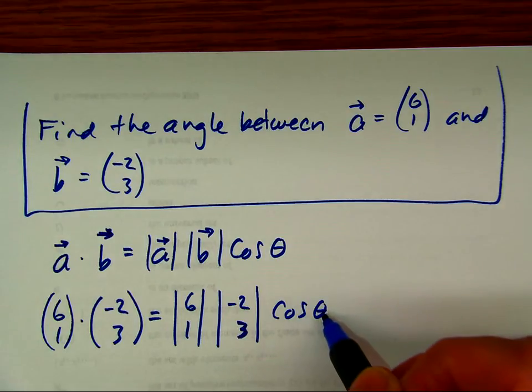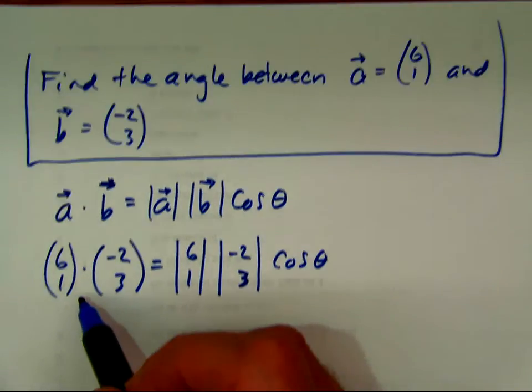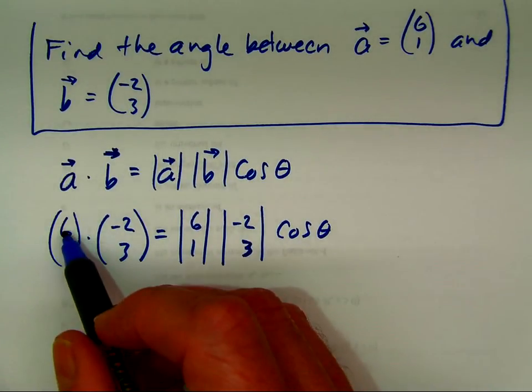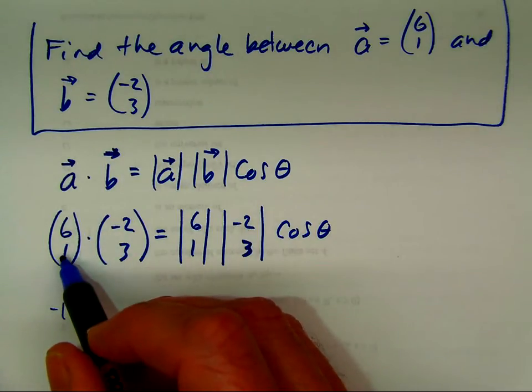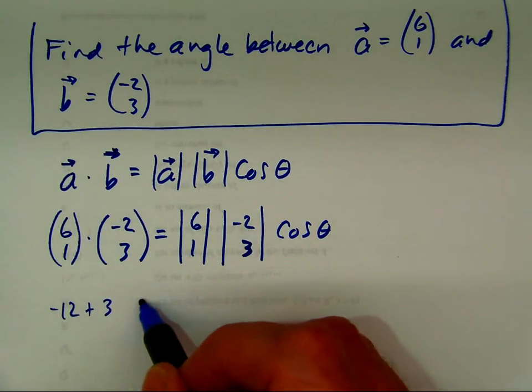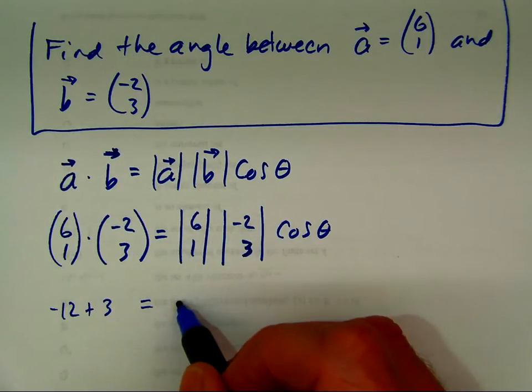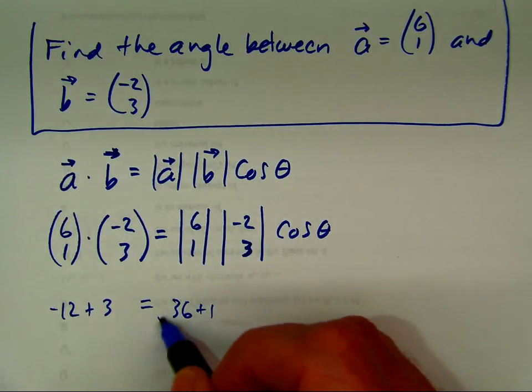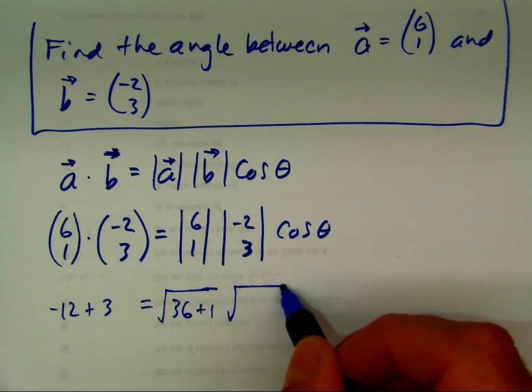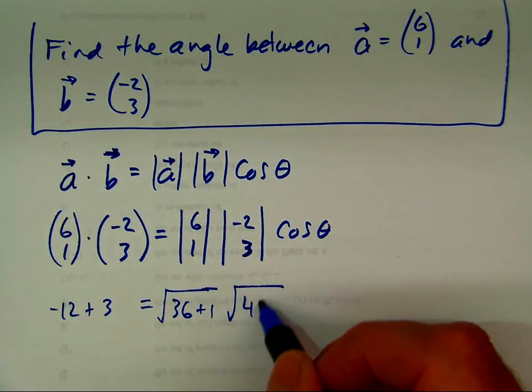Then we have to solve for theta. So we know how to do this dot product. We multiply 6 times negative 2, and then we go 1 times 3 and add. Here we have the magnitude, so we're going to have 36 plus 1. And then here we're going to have 4 plus 9.